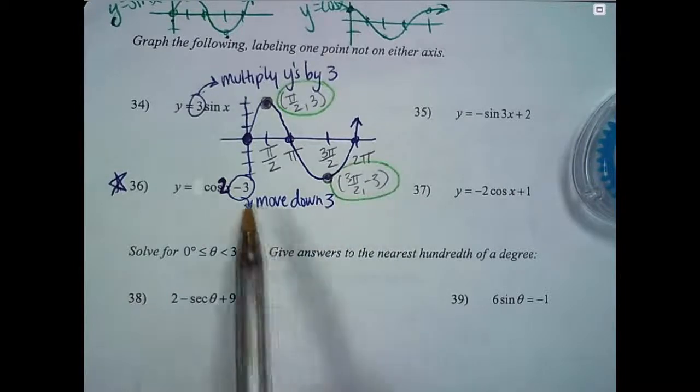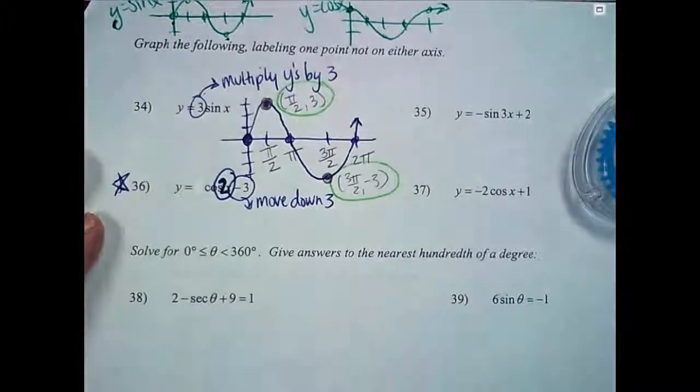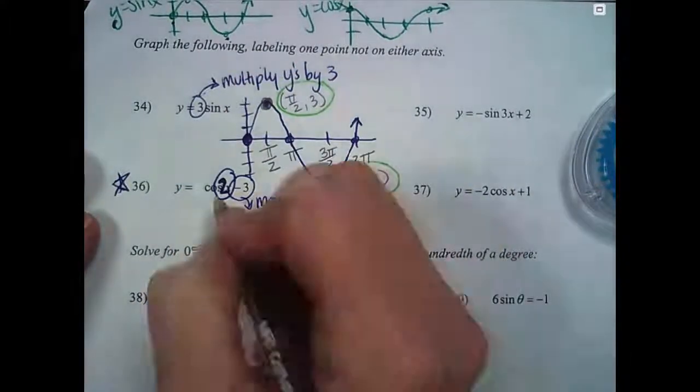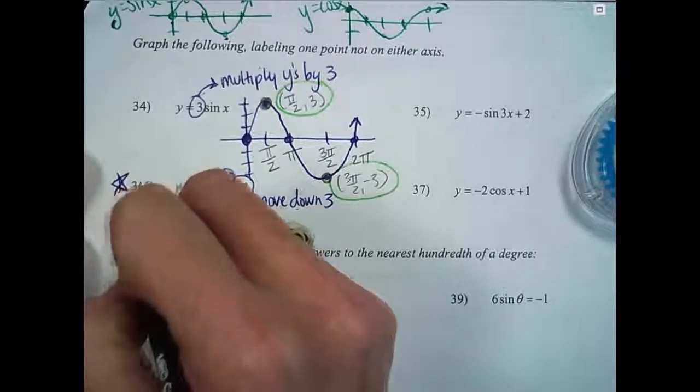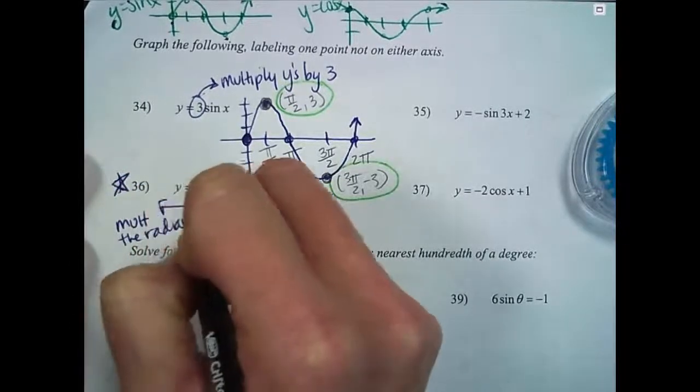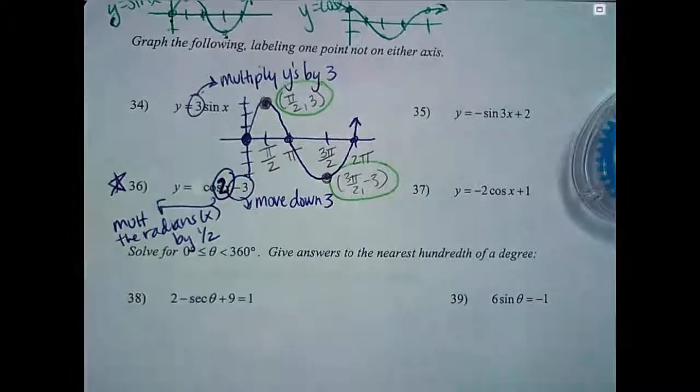But when you multiply by a whole number, remember what it does. Does it shrink it or stretch it, a whole number? It's the opposite of what you thought. Right? Because I'm messing with x here. So what you actually do is, remember we multiply the radians, or in other words the x value, by 1/2, remember?